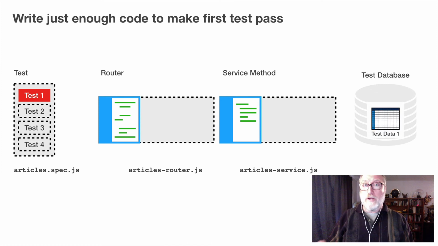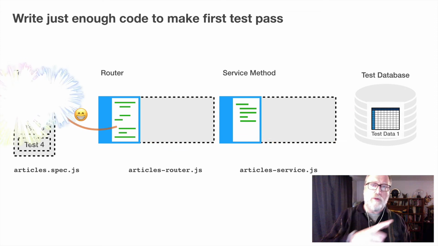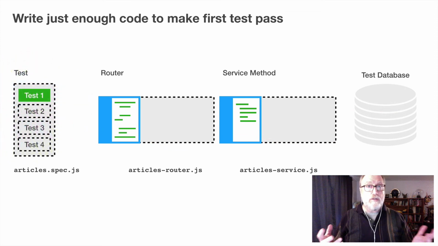Again, you're going to create some test data, put it in the test database, and then run your test. This time around, with your test data, your test talks to the router, talks to the service method, talks to the database, and bing, bang, boom, all the way back. And eventually, after you've gotten all the bugs out, your test passes. Cool. You are on your way to glory.